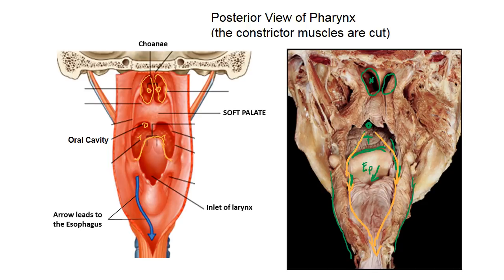All right. And so again, fluid, now I'll color it in light blue. Fluid would come down into these piriform recesses and down into the esophagus, while air, hopefully, would travel down that way.